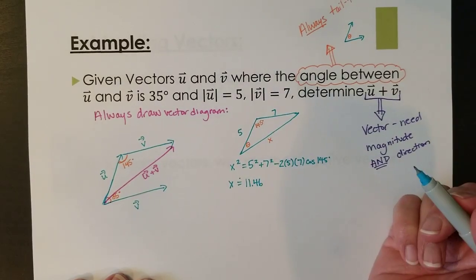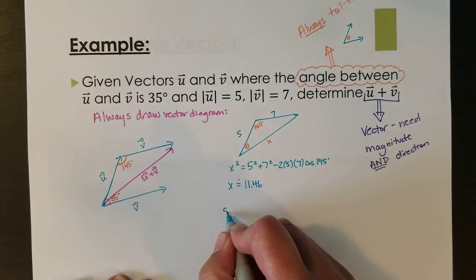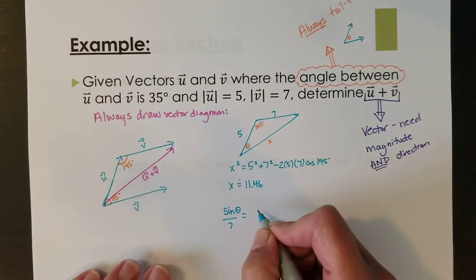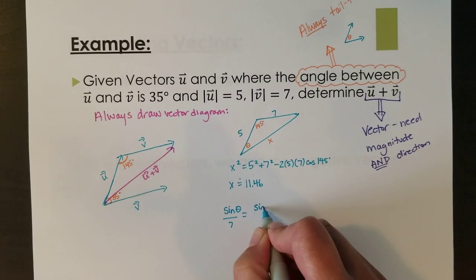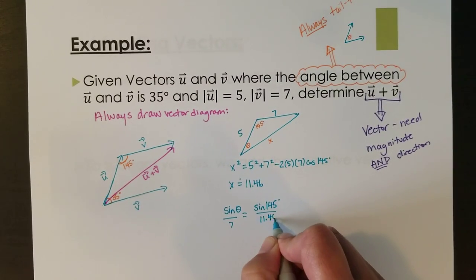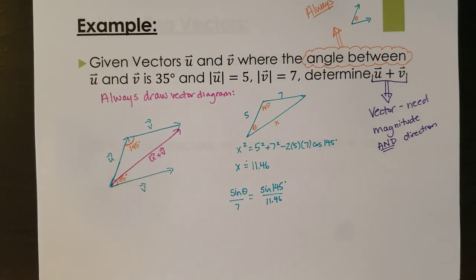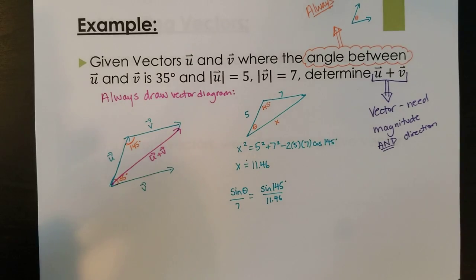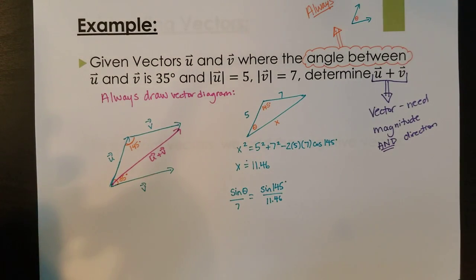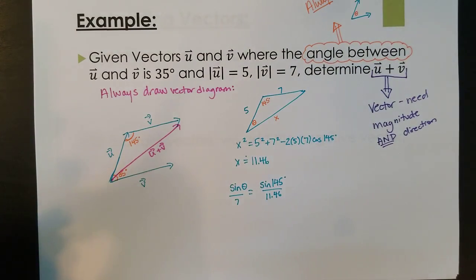So I'm going to pop this into the sine law to find my theta. So sine theta over 7 equals sine 145 over 11.46. And you could also use the cosine law, but I think most people prefer sine law to find these. So again, I don't need to see a lot of steps in solving here.